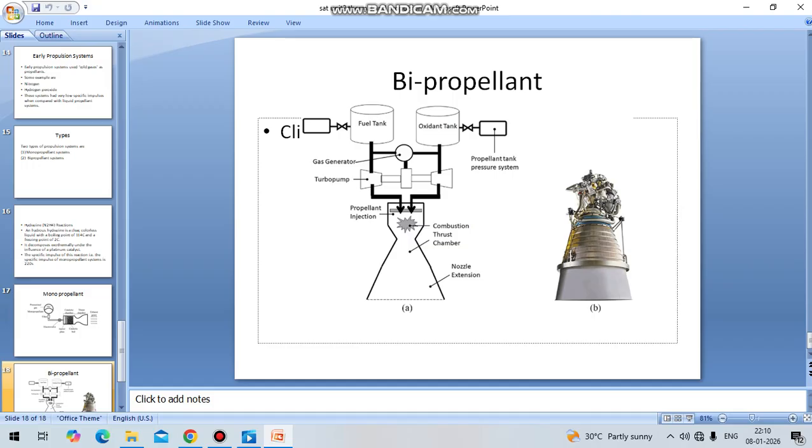First of all, the fuel tank is filled with the fuel material. Next is the oxidant tank, so the oxidizer is placed in the oxidant tank. When the valve is opened, both the fuel as well as the oxidizer are made to flow towards the engine of the satellite. Once it reaches the engine, the decomposition takes place.